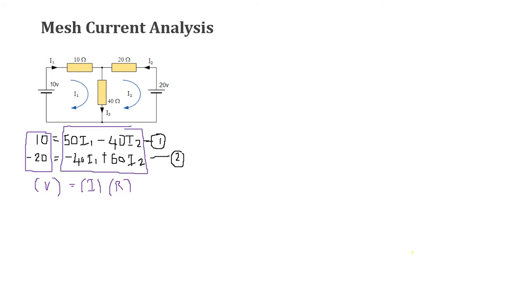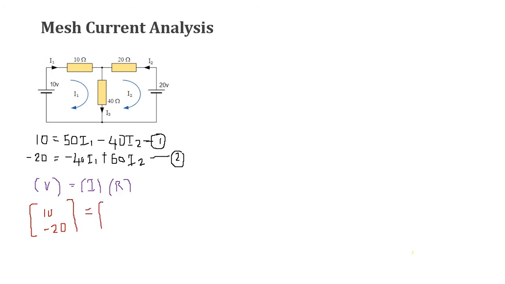Okay, I will show you. So here there are two V matrices, 10 and minus 20. The I matrices are I1 and I2.